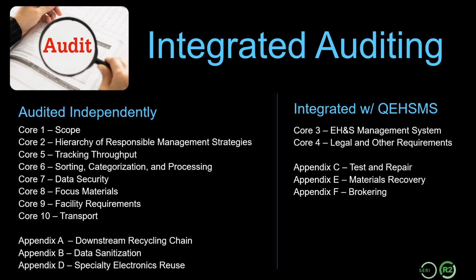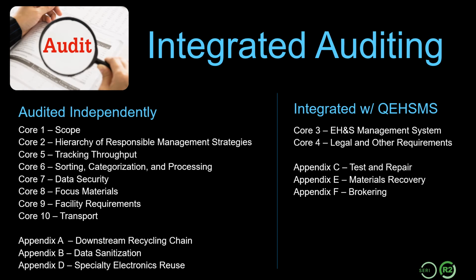The majority of R2 audits will be combined with EH&S and QMS audits. It's important to understand the approach required in the Code of Practices for integrated audits. These sections of the R2 standard must be audited independently of other integrated standards.